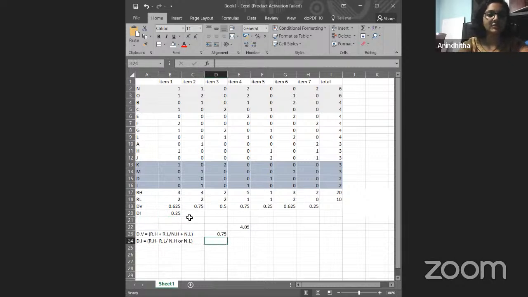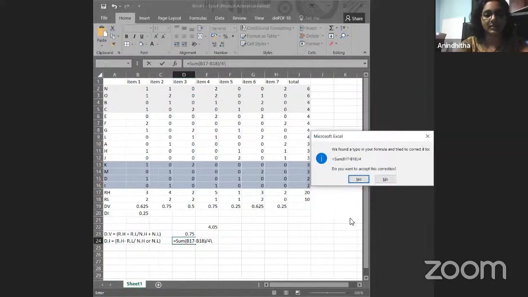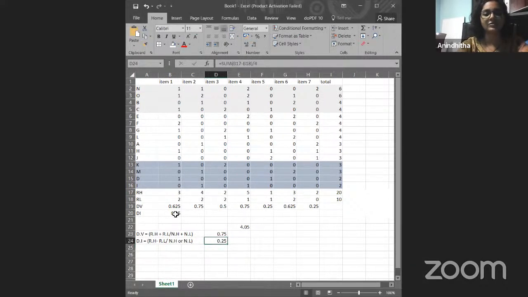Similarly for item number 2, if we were to do the same thing, we're going to again write equal to sum, open the brackets, B17 minus B18, close the brackets, divided by 4 and press enter. So we have again 0.25. So I'm just going to extrapolate this entire thing to our whole item number 7.